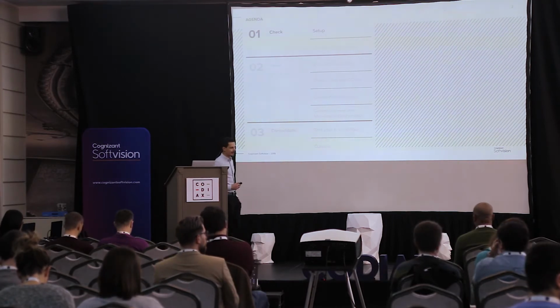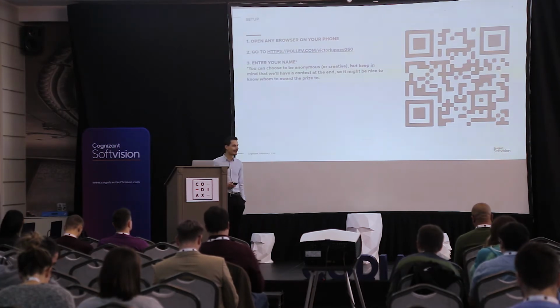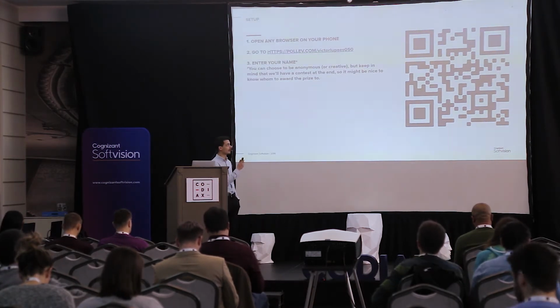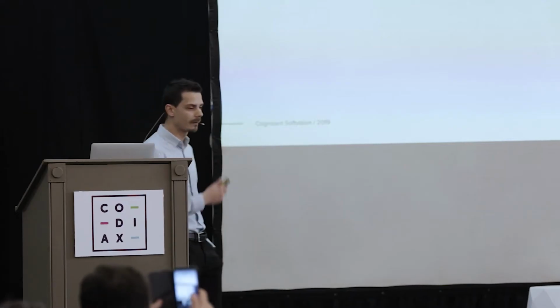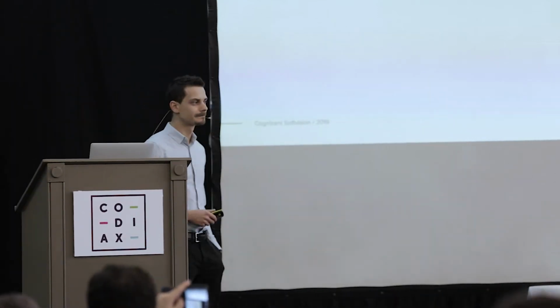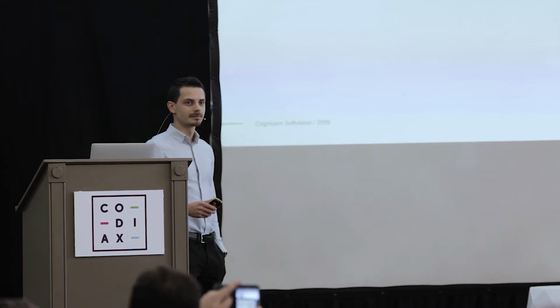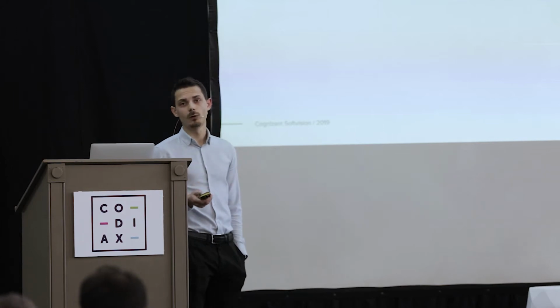Okay, let's start with the setup. Like I said, please open your mobile phones. You can either scan this QR code or open any browser and go to that URL. As you connect, I'll let you know the next steps. You'll be asked for a name.